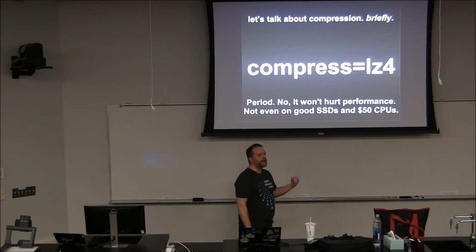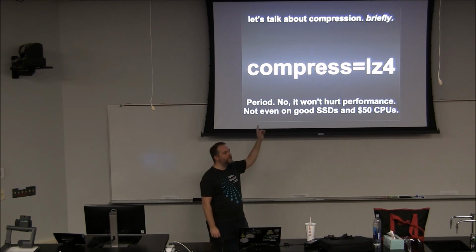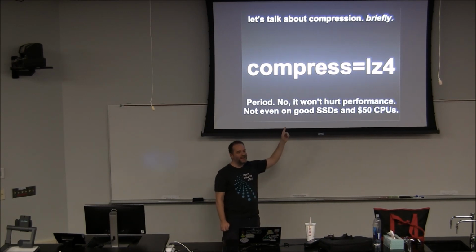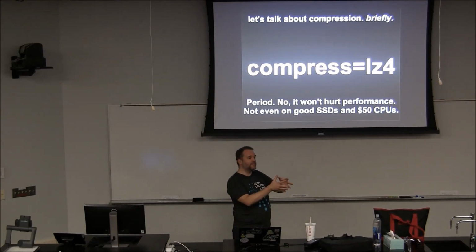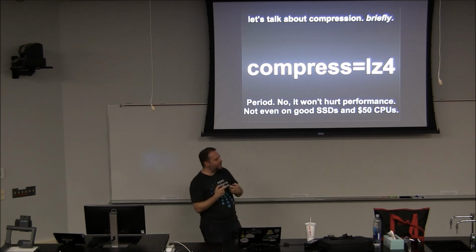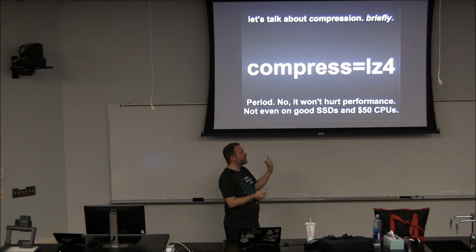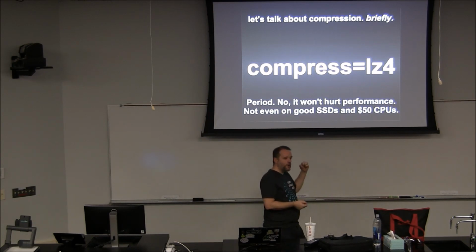Even when all you're writing is completely incompressible data, if you have compress equals LZ4 set, guess what it can compress? Remember we mentioned slack space before, that wasted space at the end of sectors when you have an uneven amount of data? That stuff gets compressed. So it ain't a whole lot, but you'll save a little bit of space. And the other nice thing about it is, it actually saves you performance.